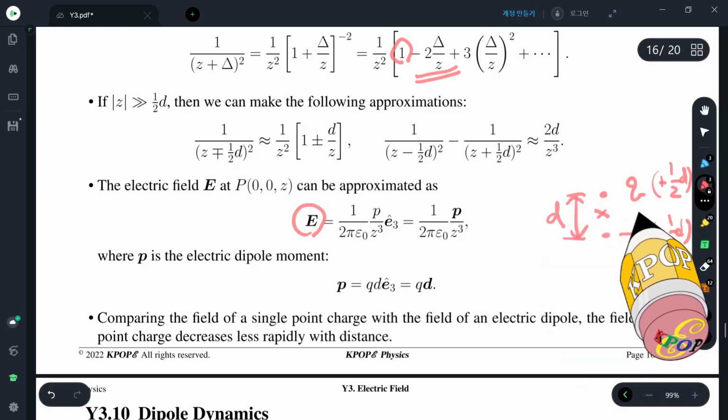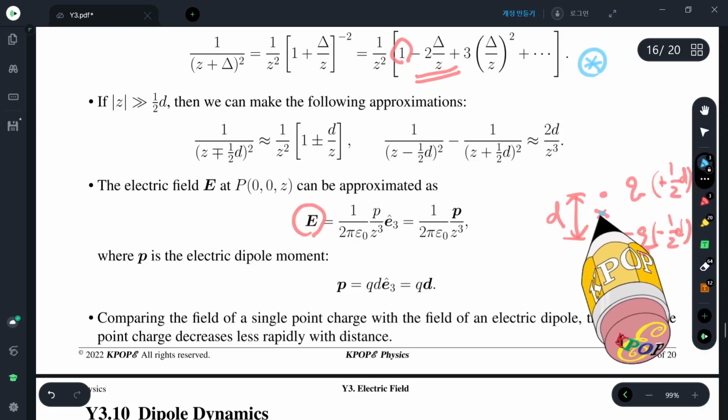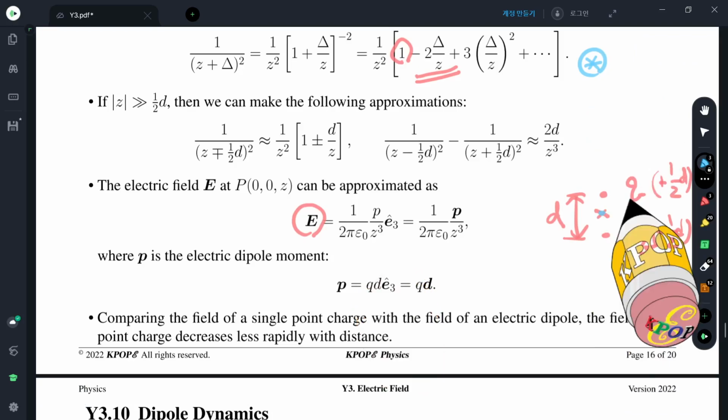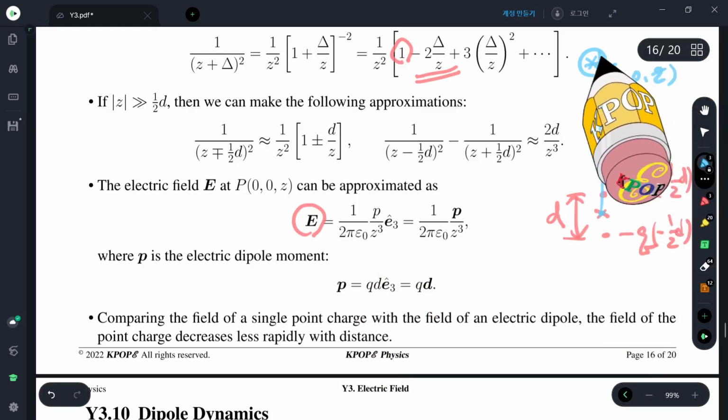This is the 0, z point. You will find the electric field far away from this center is not following the inverse square law.